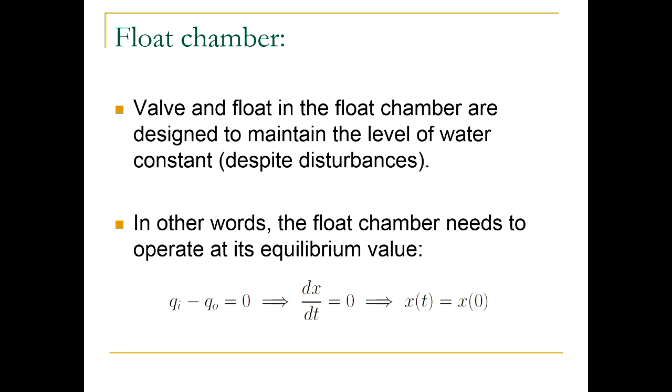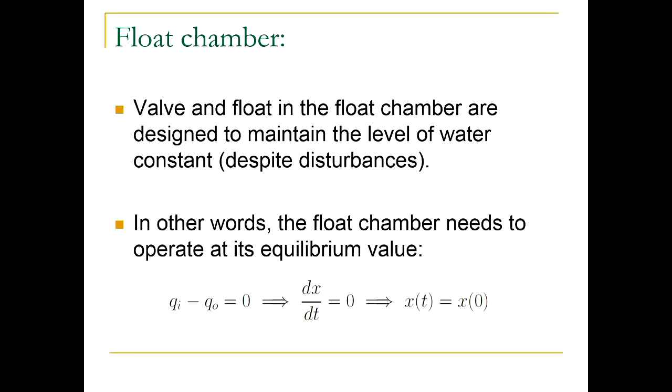So if we achieve with the flow chamber that Qi is equal to Qo, right? Well, we will get roughly that the level of water in the float chamber is constant. So that would give us constant outflow. I mean, all of these things are related, right?